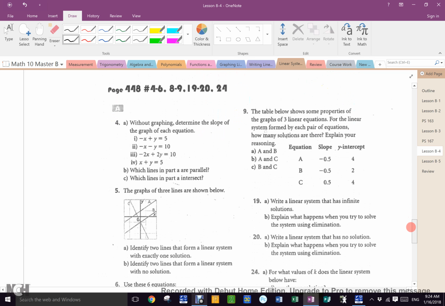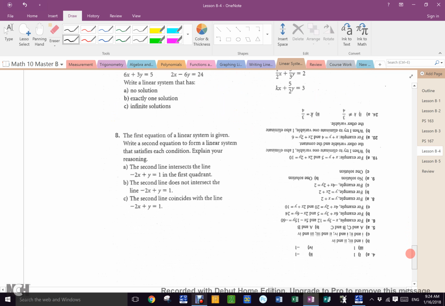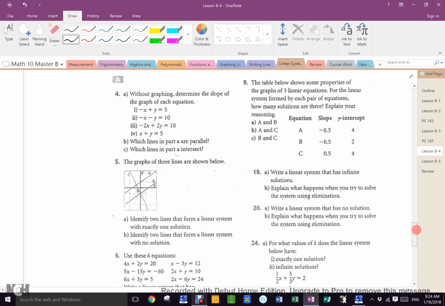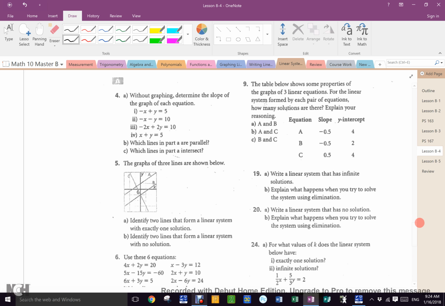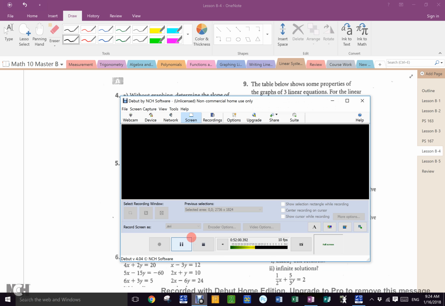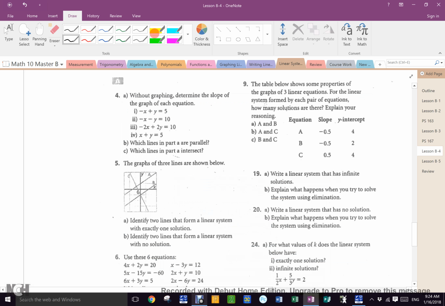If you go to this page, you would need to do just a couple. You choose. What's the amount that we should do? Well, let's have a quick look.